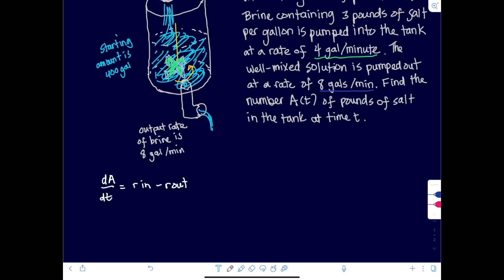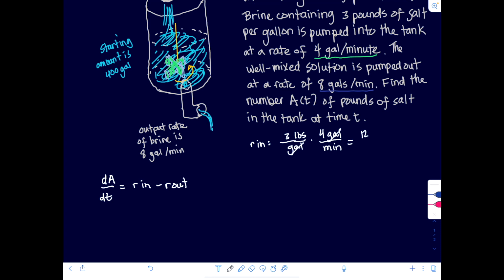So 3 pounds per gallon times, so that's the amount of salt being pumped in, but it's being pumped in at a rate of 4 gallons per minute. So the gallons divide out, and we're left with 12 pounds per minute.